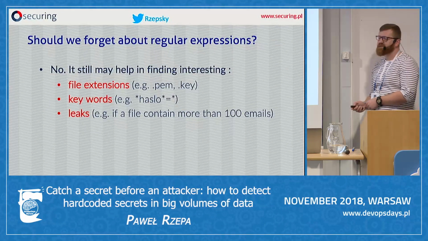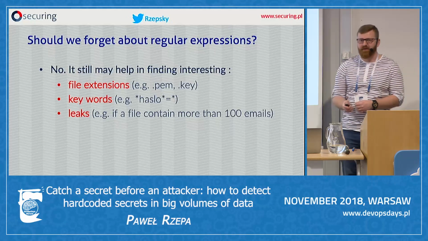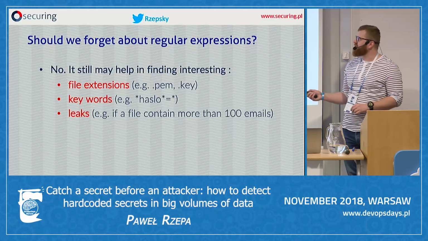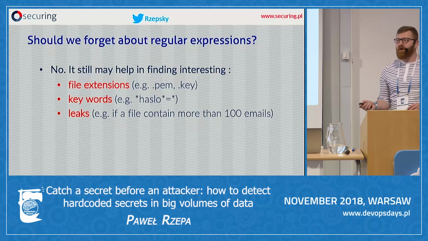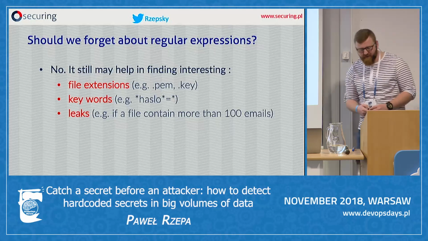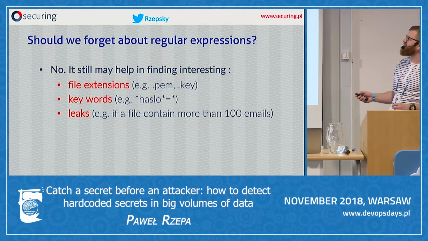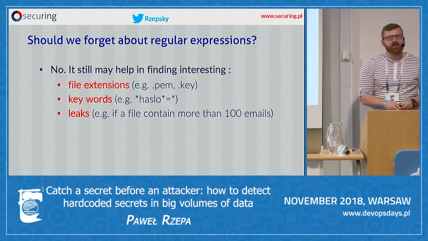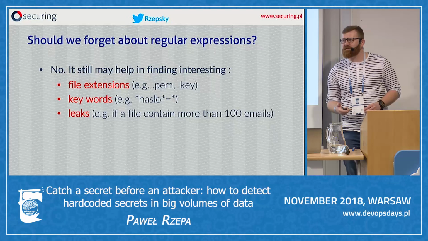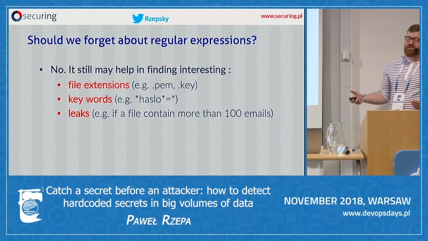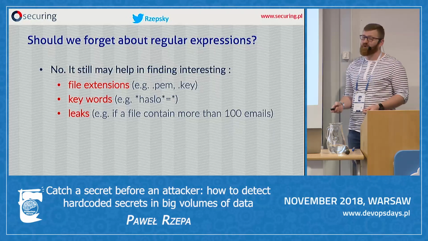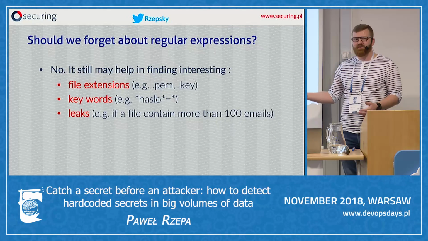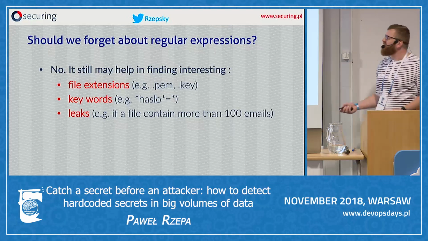And regarding regular expressions, we shouldn't forget about them, because you can very easily find files which are very probably sensitive, like with the PEM or key extension. Also, if people in your company are using, for example, Polish or any other non-English language in your source code, then most of the ready-to-use tools are not working.